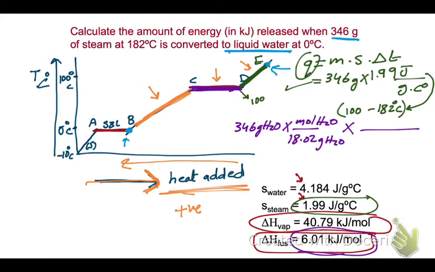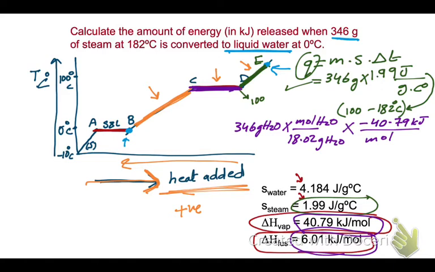But remember, heat of vaporization is given when you vaporize water to gas. You are doing the opposite. You are condensing gas to liquid, which means you have to give it a negative sign. So it will be negative 40.79 kilojoule for every mole. And that is the second segment.